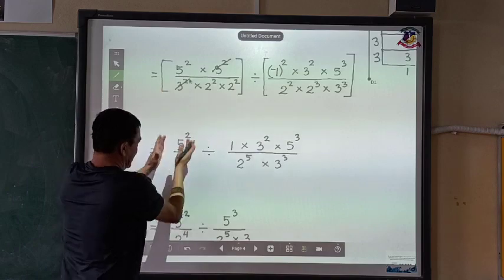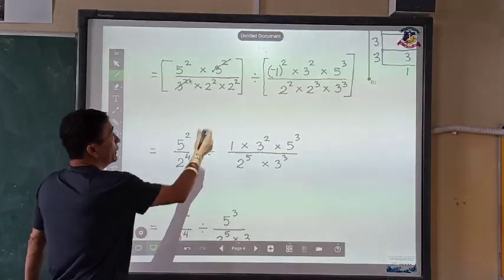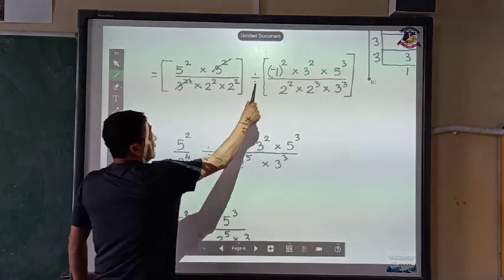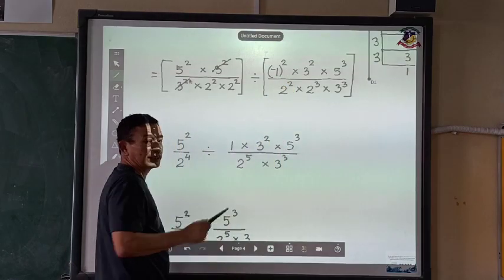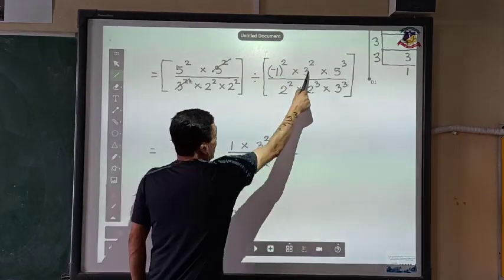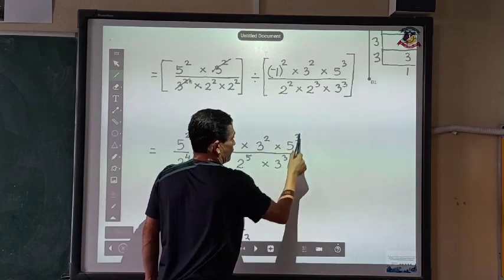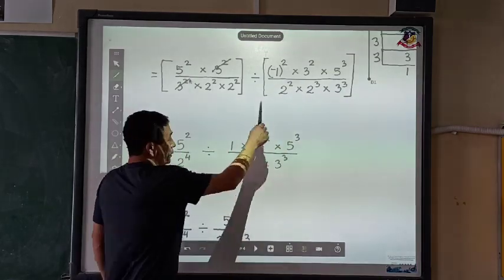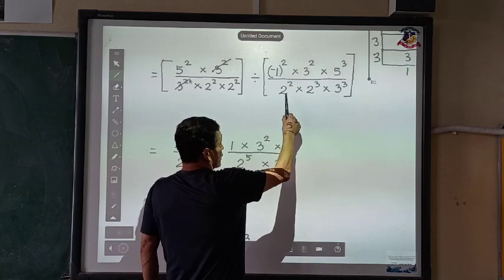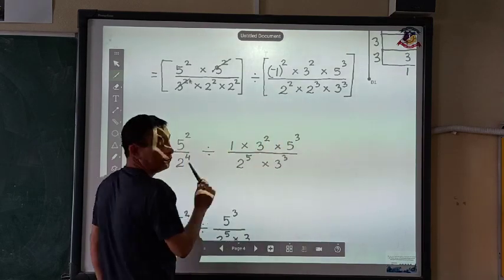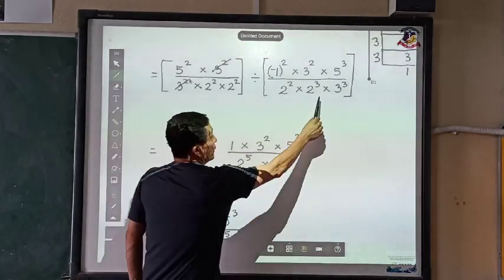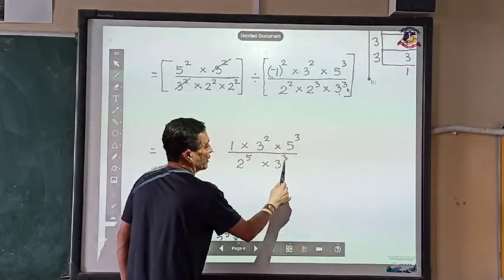So the first bracket is basically solved. Divided by negative 1 into negative 1 will give me positive 1 multiplied by 3 squared multiplied by 5 cubed. In the denominator, 2 squared into 2 cubed will give me 2 to the power of 5, multiplied by 3 cubed.